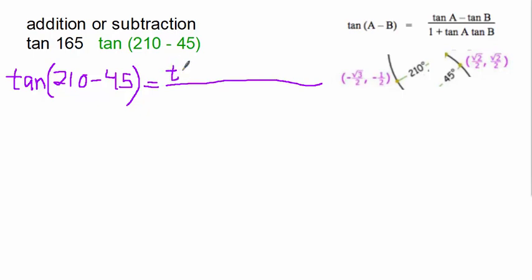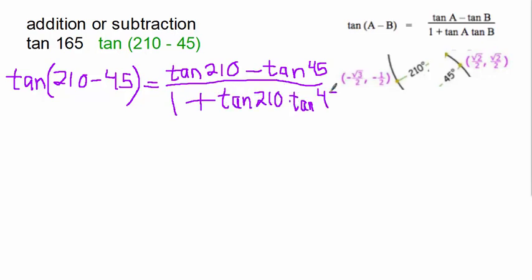We have tangent 210 minus tangent 45. I remember I like tangent 45. It's 1. Plus the tangent of 210 times the tangent of 45.